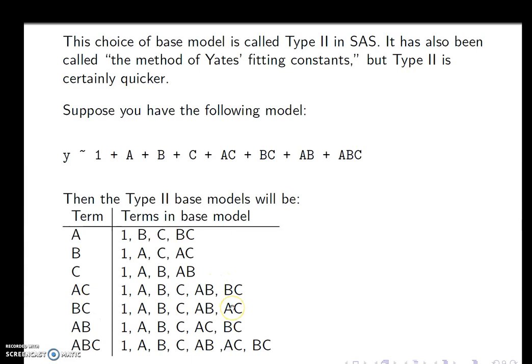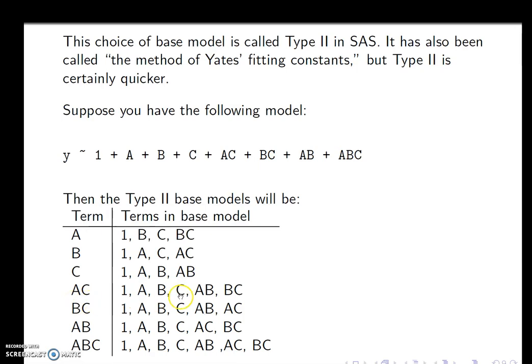Then we get to the interactions. So this is specific not to C any longer, B or A any longer, A or C any longer. We need to be careful here. So we say everything but the term AC.